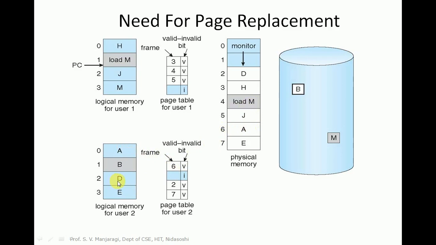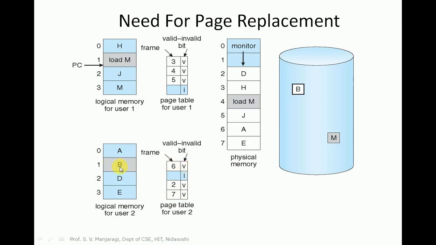For D, the allocated frame is 2, so it is loaded at 2. For E, the allocated frame is 7. E is at 7, and these 3 are valid: 6 valid, 2 valid, 7 valid. It means these are already there in the memory.